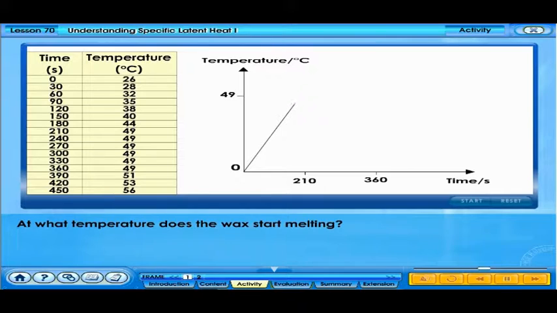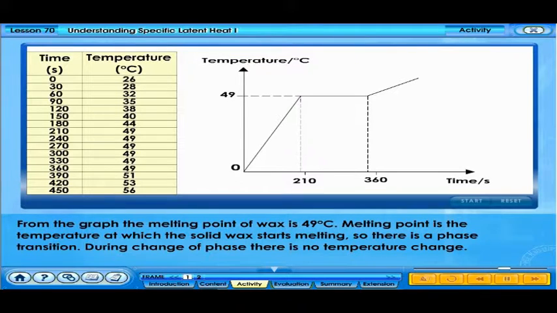At what temperature does the wax start melting? From the graph, the melting point of wax is 49 degrees Celsius. Melting point is the temperature at which the solid wax starts melting, so there is a phase transition. During change of phase, there is no temperature change.